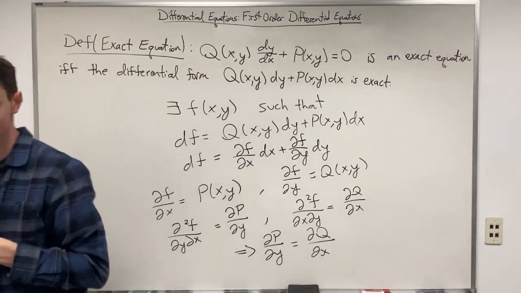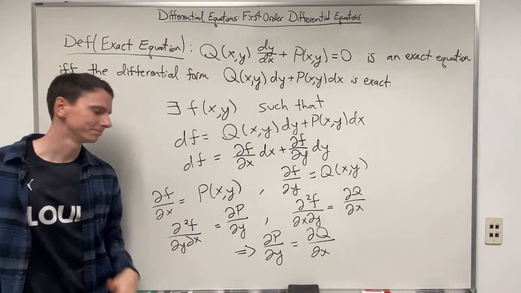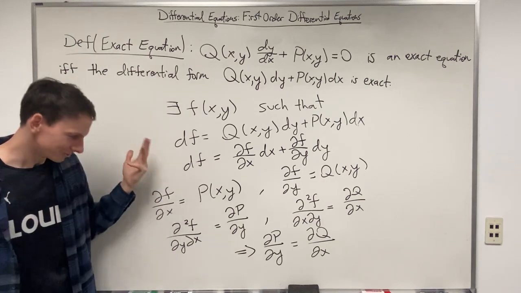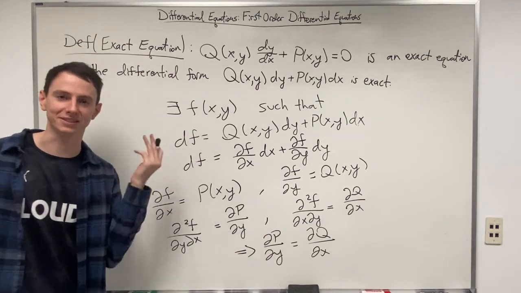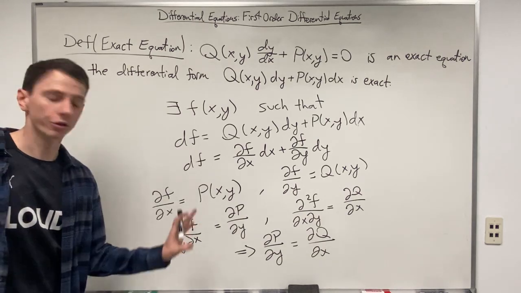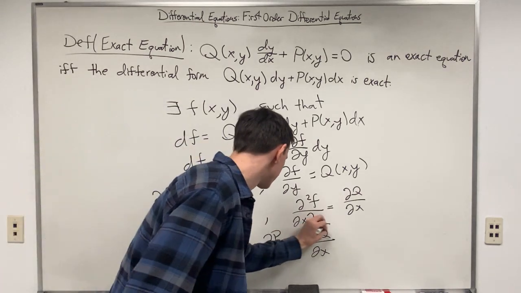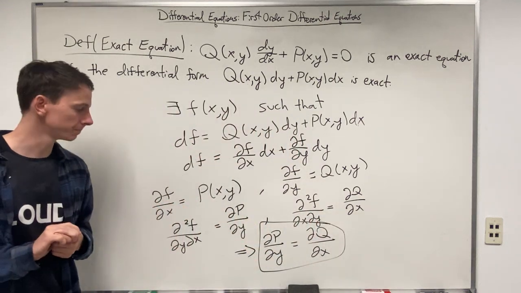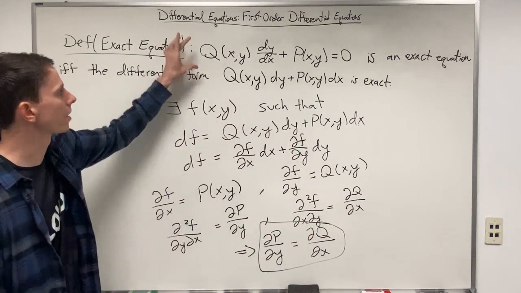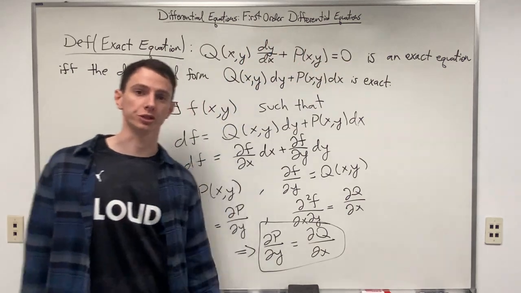All right. Now, again, we might be saying, I can follow the literal mathematical steps, but what is this telling me? Well, this equation that we've just reached is an immediate condition that can be used to determine whether or not a differential equation is exact.